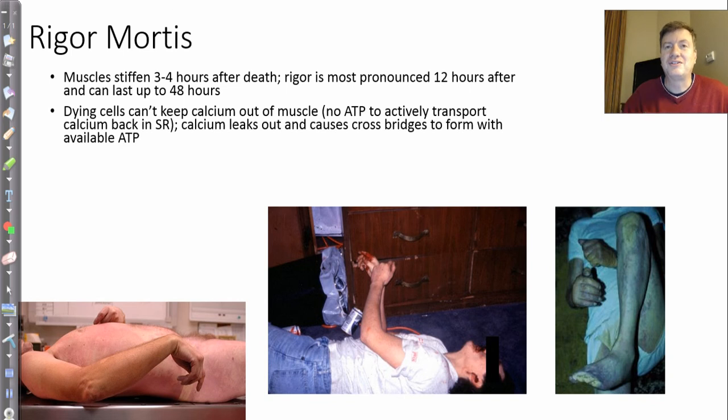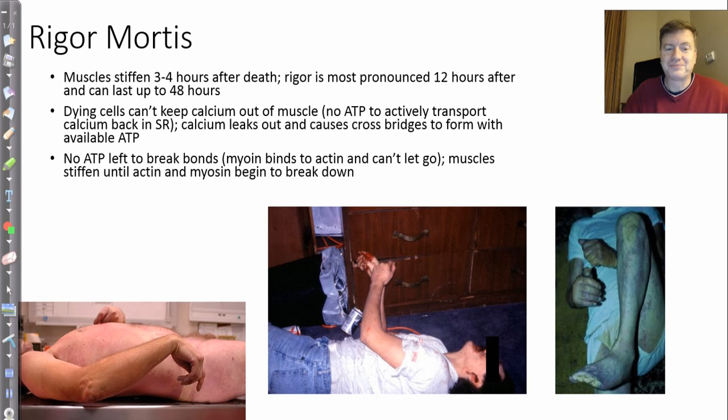So the calcium is going to cause the initial binding to happen because it's going to allow myosin to bind to actin, but with no ATP to pump calcium back into the sarcoplasmic reticulum and with no ATP to detach myosin from actin, muscles are going to stiffen up and they're going to stay that way.